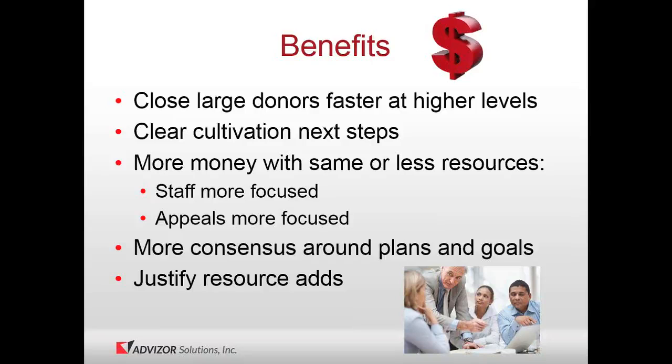We've had teams use this to justify staff adds, because if you've got a pool of prospects that can add a few million dollars a year in revenue, it certainly makes sense to add a development officer and go bring that in. So in addition to finding the donors and the appeals, you can use this to strengthen the team and get it to the level it needs to be to hit the potential that's in your pool.